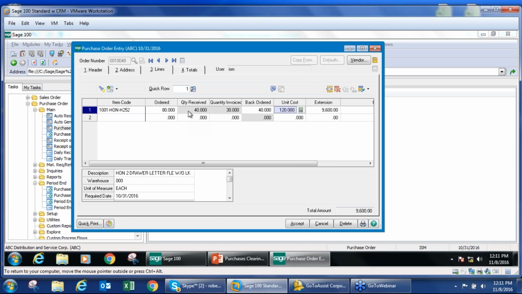Or if we do a subsequent receipt of goods, it will default to the last cost in the system. You just have to understand that this cost can change either from the last time you processed a receipt of goods or receipt of invoice at a different cost, or if somebody comes in here and changes this cost, it will flow through to the receipt of goods or receipt of invoice.